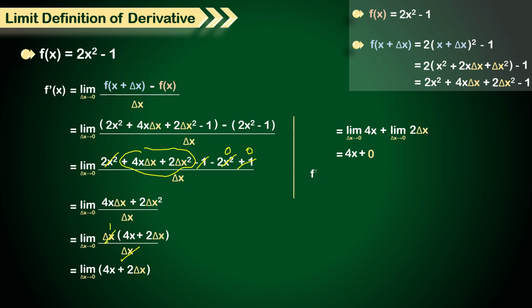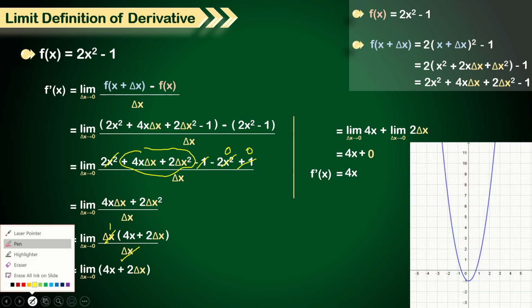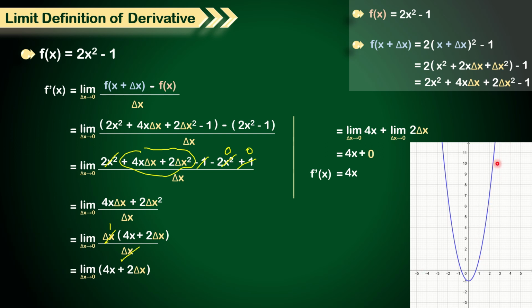Therefore, the derivative of f of x is equal to 2x squared minus 1 is 4x. This derivative, which is 4x, is a general derivative of the function, which we can use to find the slope of a function at any point on the function.